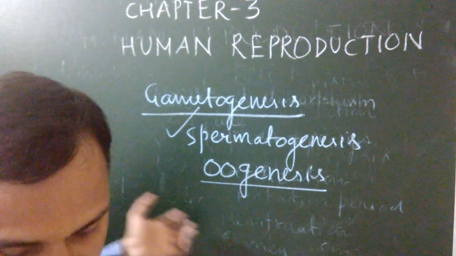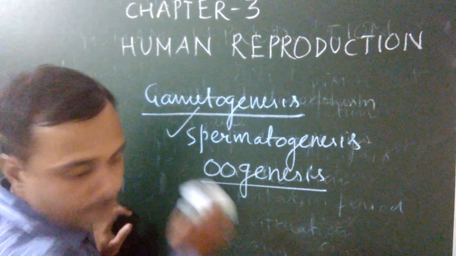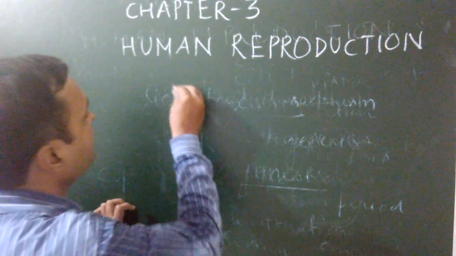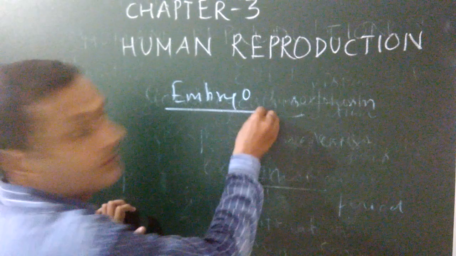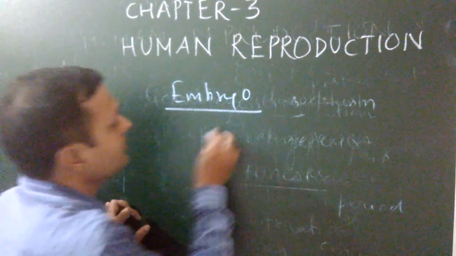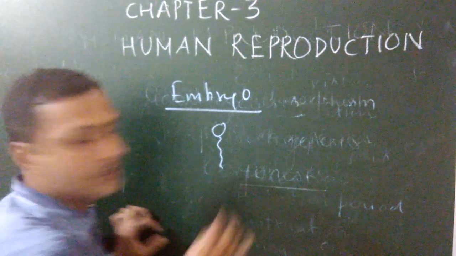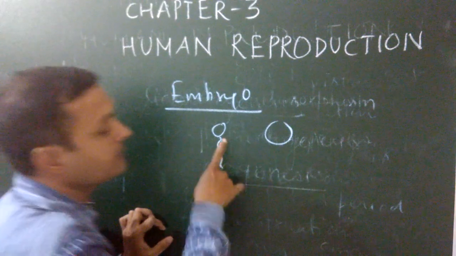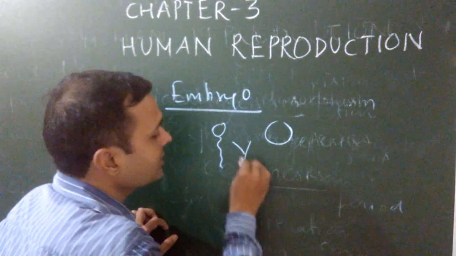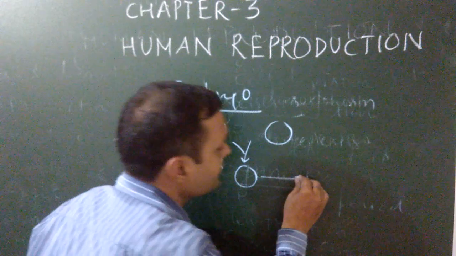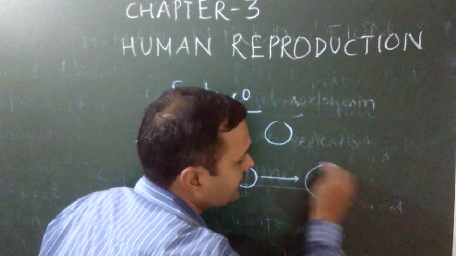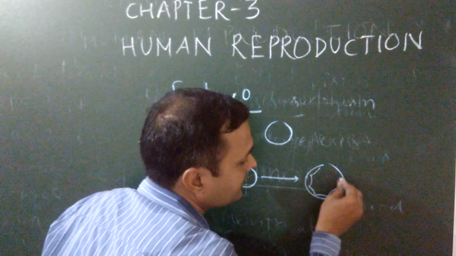Okay, come to the next. What do you mean by the term embryo in this chapter? Sperm and egg are produced, and there is formation of the zygote. When this zygote divides many times, it forms a multicellular structure.